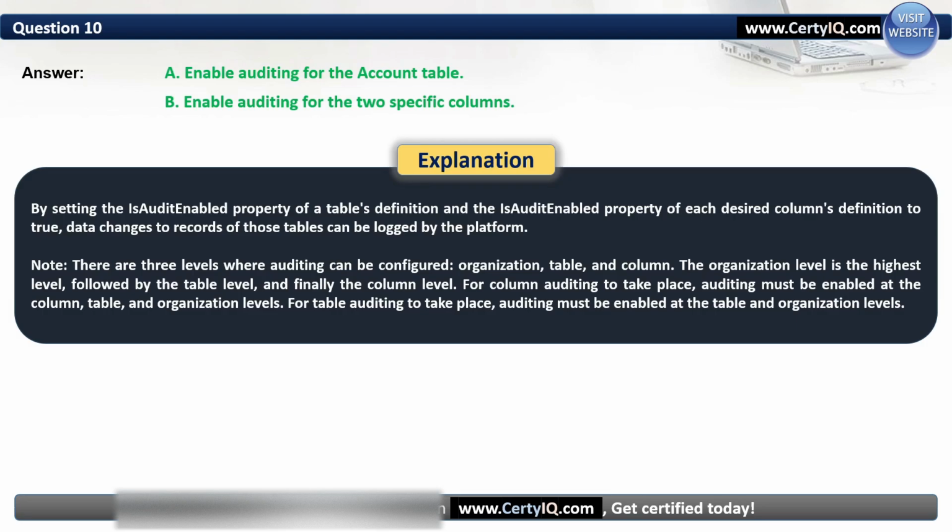Note, there are three levels where auditing can be configured: organization, table, and column. The organization level is the highest level, followed by the table level, and finally the column level. Auditing must be enabled at the column, table, and organization levels. For table auditing to take place, auditing must be enabled at the table and organization level.